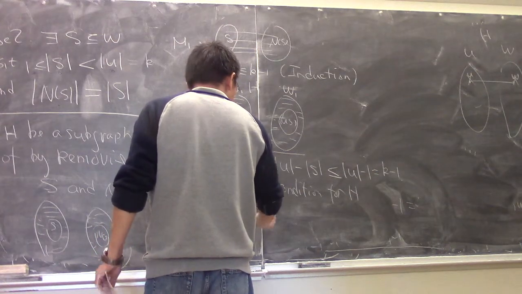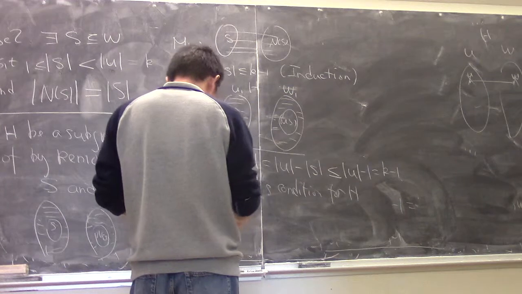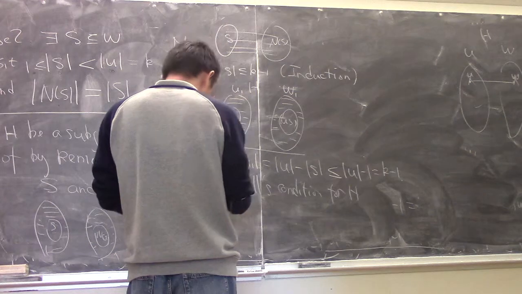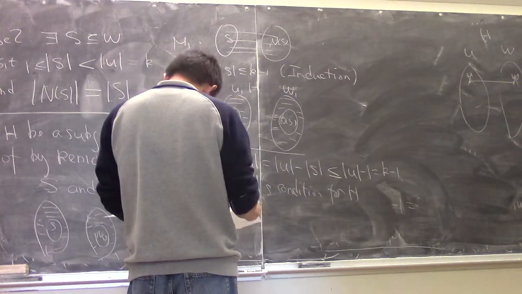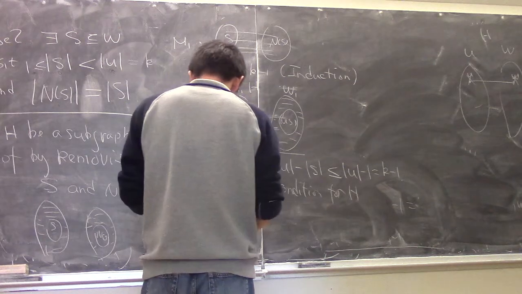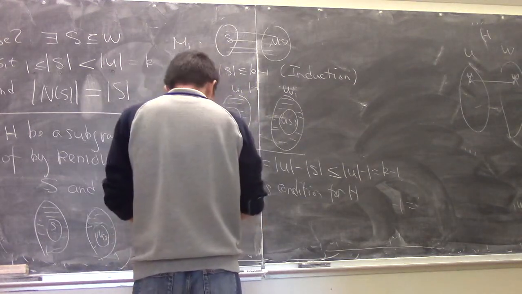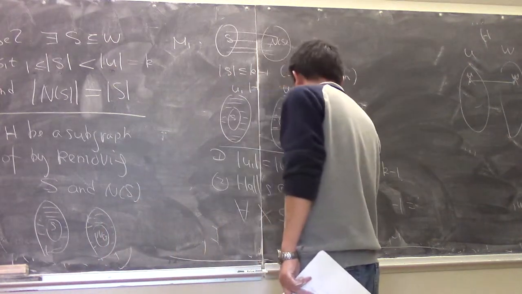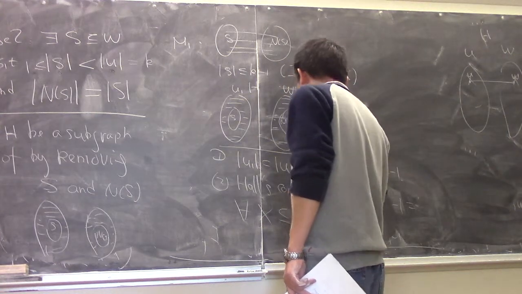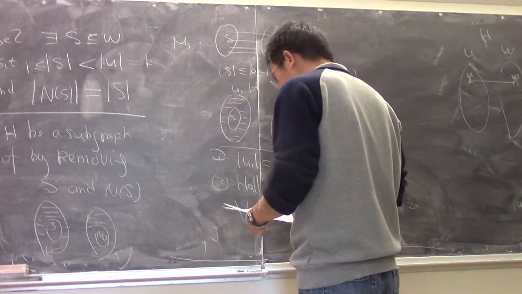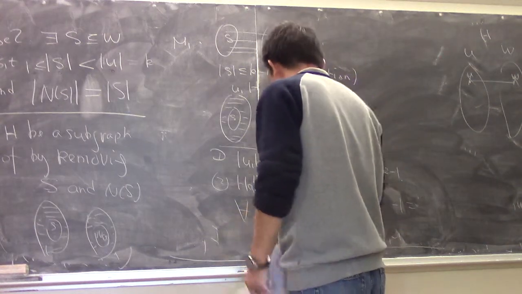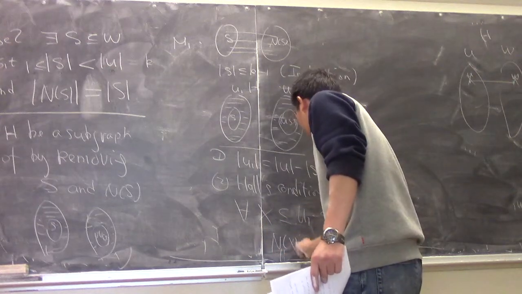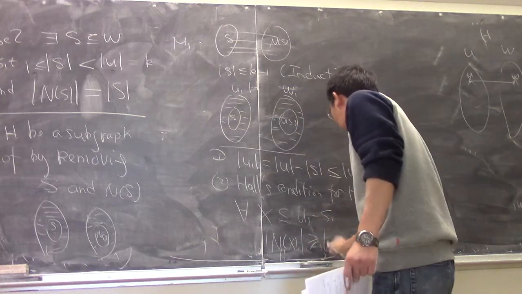neighborhood. So for every x which is in the U1 minus S1, I want to say the neighborhood of x in H, cardinality is larger than or equal to the cardinality of x.